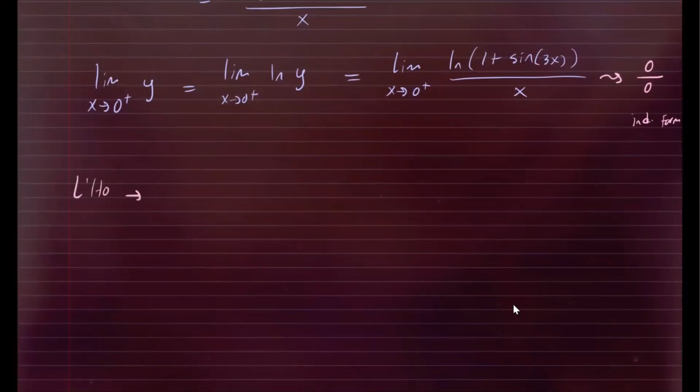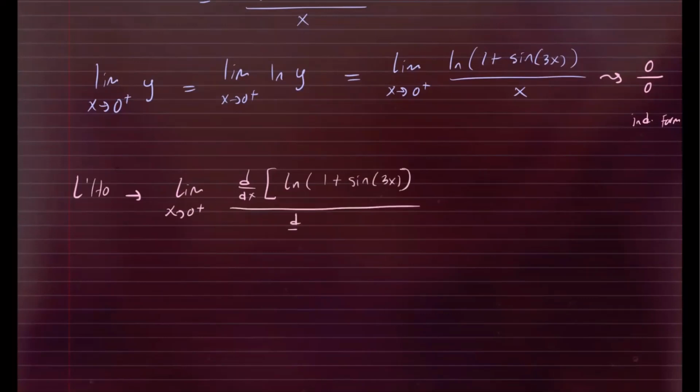And L'Hopital's rule tells us that if you're taking a limit of a function, you differentiate the top and you differentiate the bottom, if you have either 0 over 0 or infinity over infinity. So I'm going to take the derivative of ln of (1 plus sine of 3x), and then on the denominator, I'm going to take the derivative of x. So that's L'Hopital's rule.